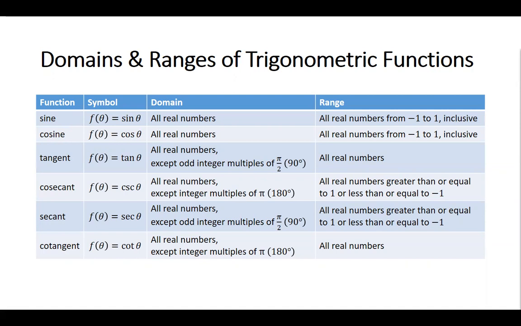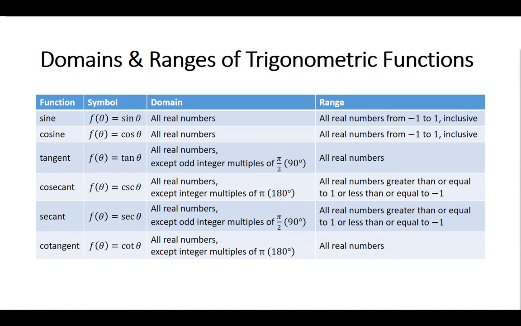Cosecant, domain is all real numbers except for integer multiples of pi. Again, running into that problem of a divide by 0. The range is all real numbers greater than or equal to 1 or less than or equal to -1. So everything except for from -1 to +1 exclusive.